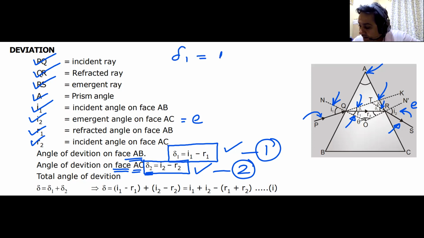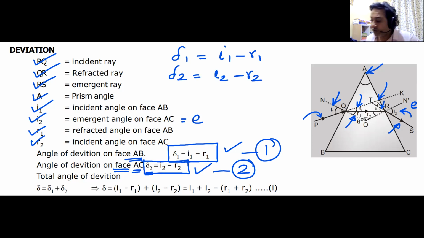Delta 1 is I1 minus R1. Will you remember this? Yes, sir. And delta 2 is I2 minus R2. The third formula, let me just name them. Number 1, number 2. The third formula is the total angle of deviation.